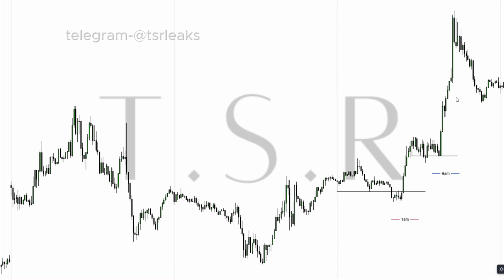So if Tuesday turtle soups Monday's range and closes back into Monday's range, then Wednesday will have a high probability of targeting the 50% of Tuesday's range, and then the high of Monday's range.